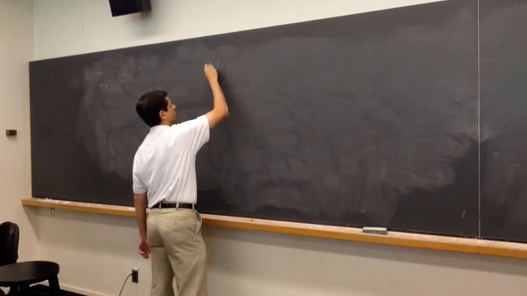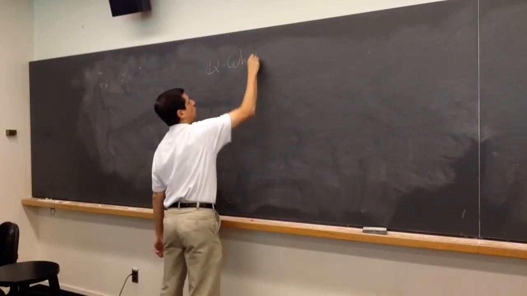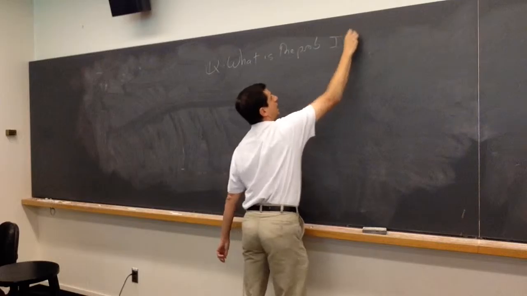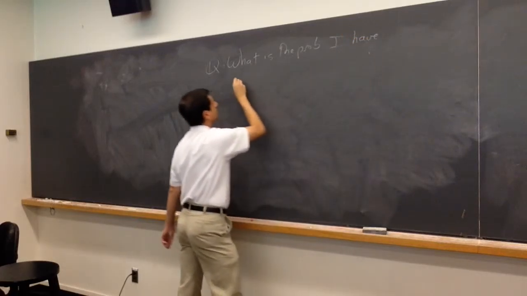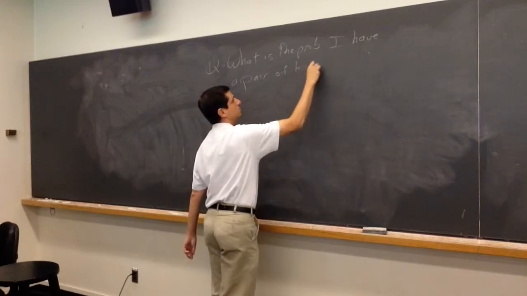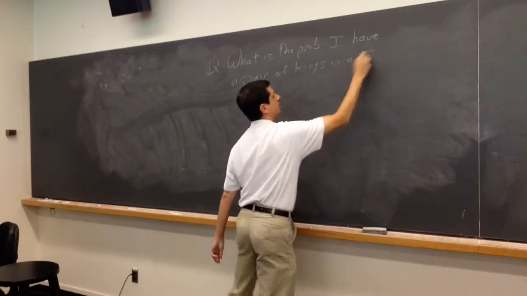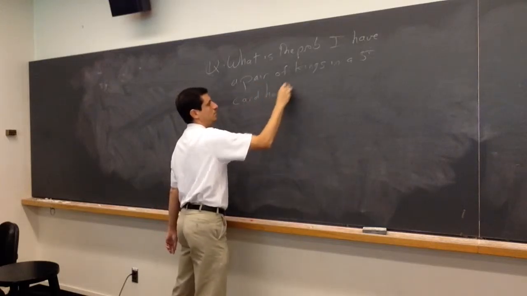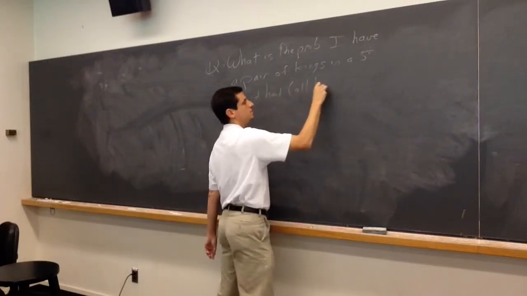So here's a good question. What is the probability I have a pair of kings in a 5-card hand? All hands equally likely.